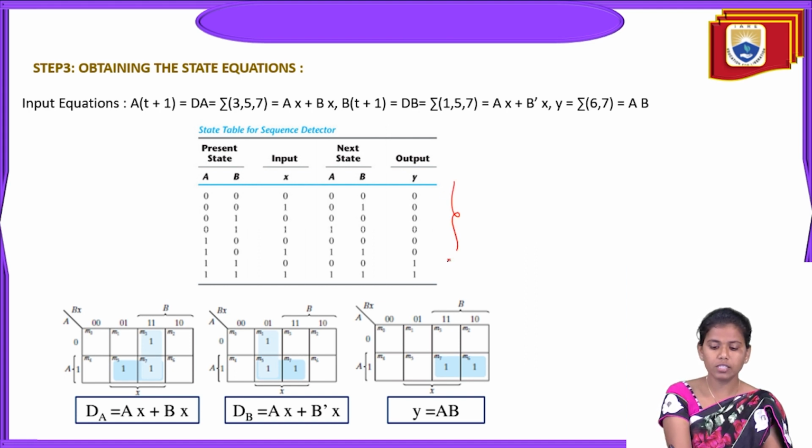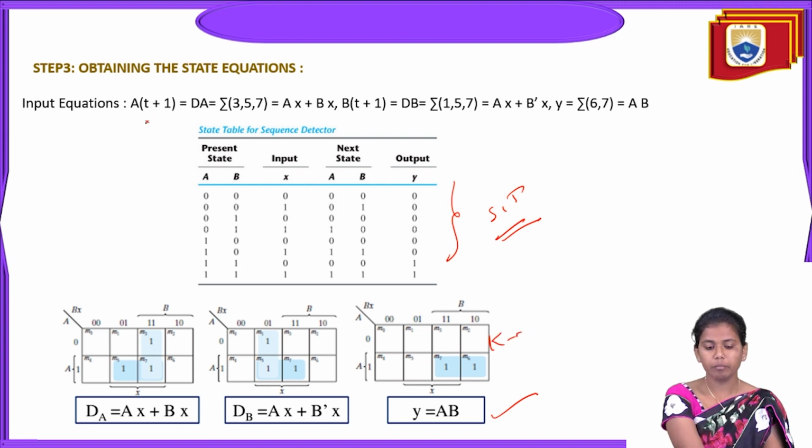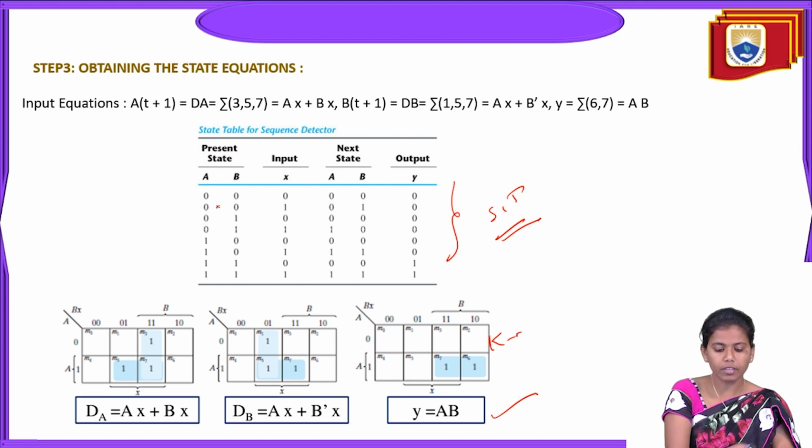Based on this state table, state equations are obtained with respect to the K-maps. So these are nothing but the K-maps. Using K-maps, the input equations are A of t plus D, that is 3, 5, 7. Why here 3, 5, 7?